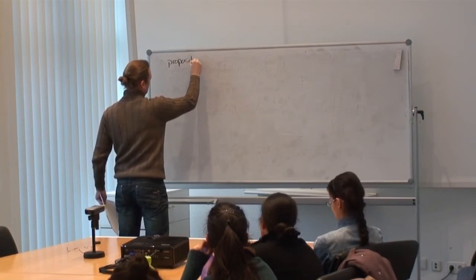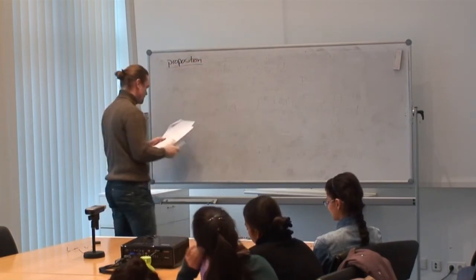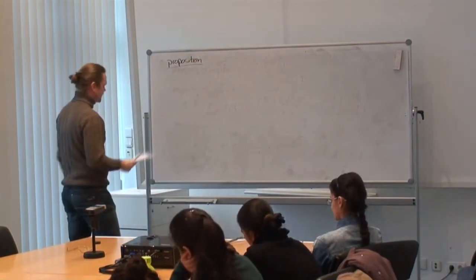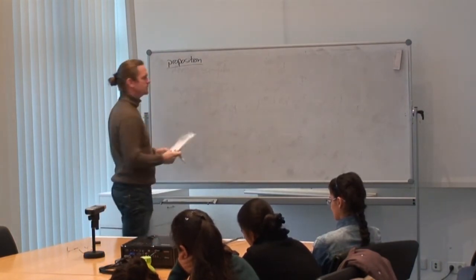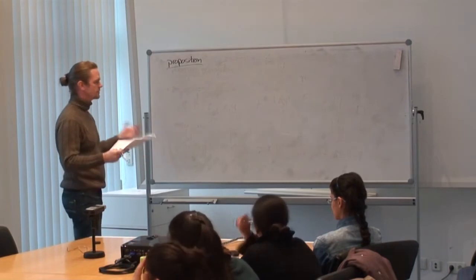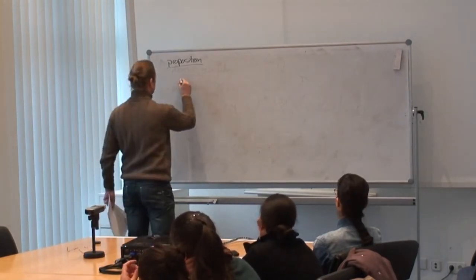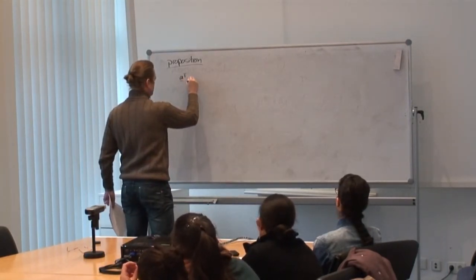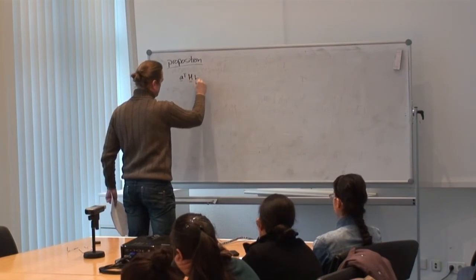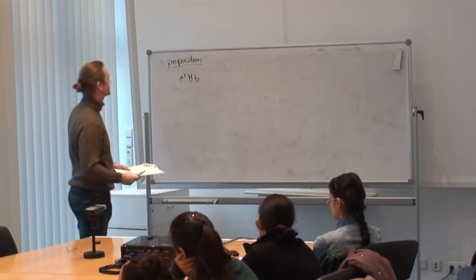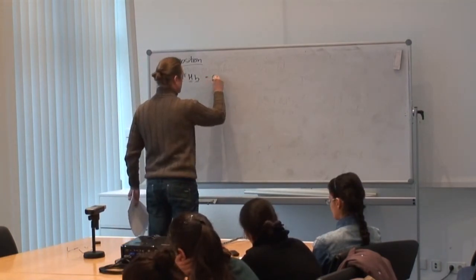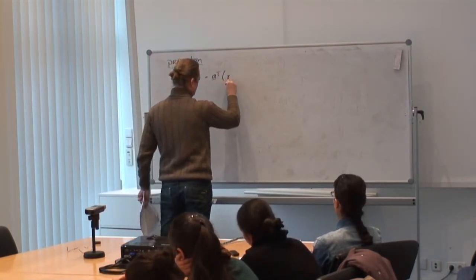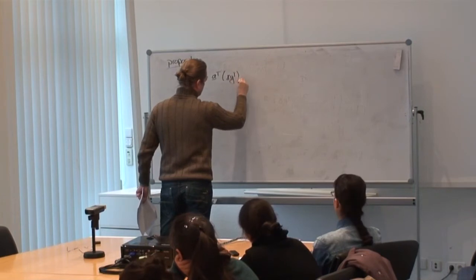Proposition. If we consider the following multiplication between two vectors and a matrix, I'll just write it down: A transpose times matrix M times B, where I assume that this matrix M is in fact the outer product of two vectors.